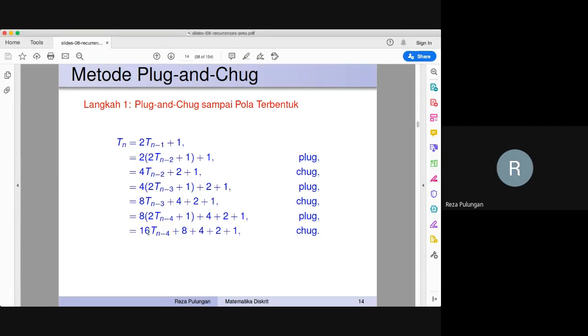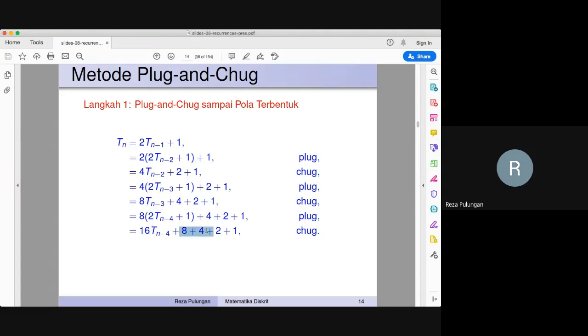Well, if you see here, n minus 4 is 16. If this is 4, this is 16, then it looks like 2 to the power of 4. This one is 2 to the power of 3. This is 2 to the power of 2. This one is 2 to the power of 1. So if this is n minus i, I expect that in the front of this will be 2 to the power of i.